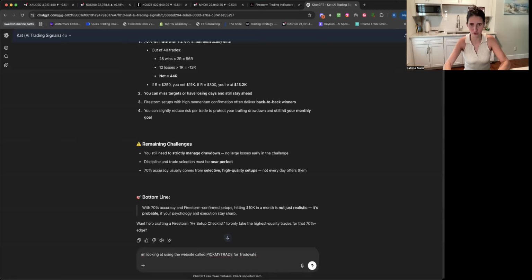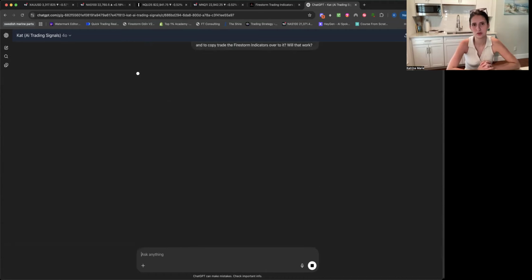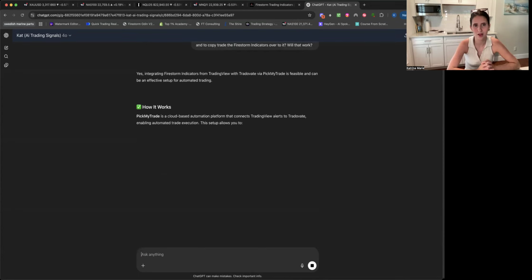I'm pretty sure it's just Tradovate. And to copy trade the Firestorm indicators over to it, will that work? And there you go.